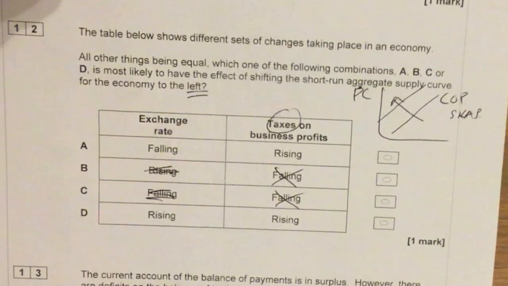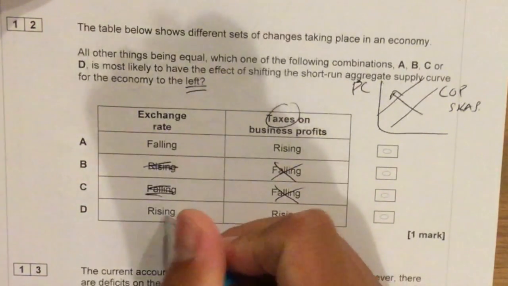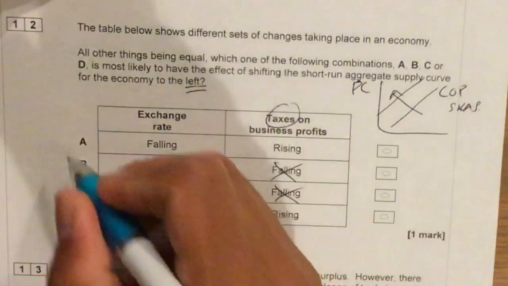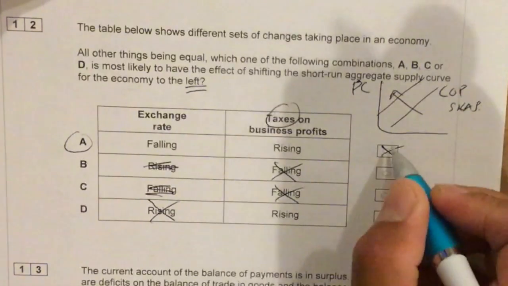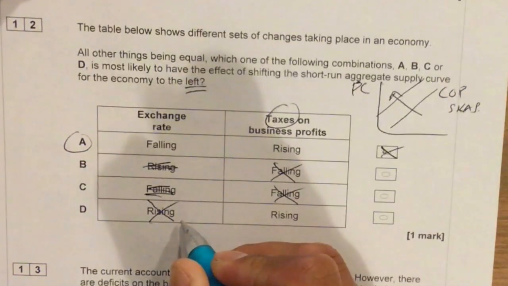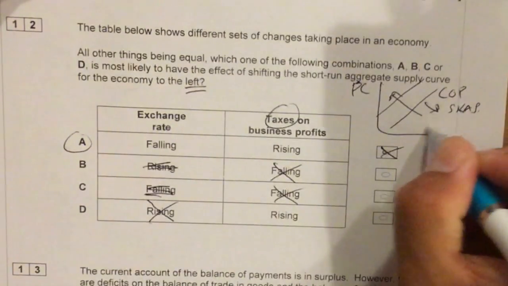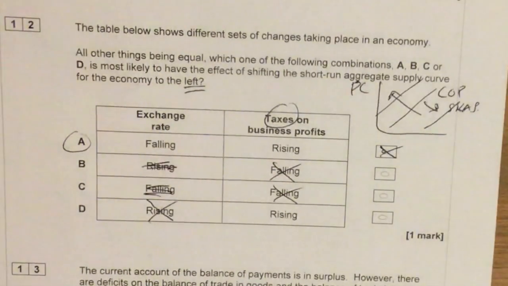And if your imports cost more due to the pound getting weaker, then that will move SRAS to the left or upwards. So it has to be a falling exchange rate. So it's not going to be a rising one. So therefore it has to be A. Because if it was a rising exchange rate, then your costs of production are actually going to go to the right, because effectively it is cheaper for you to buy in your raw materials from abroad.